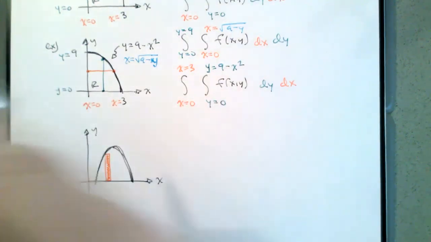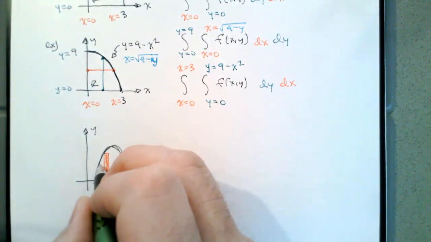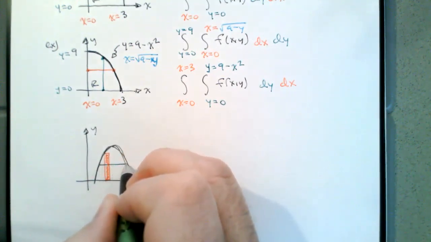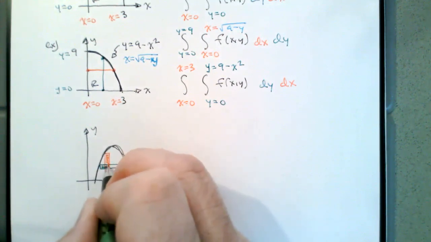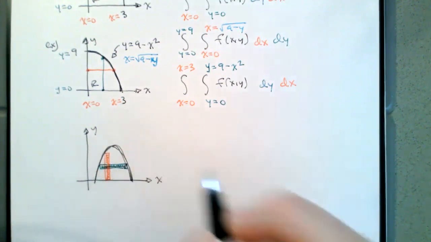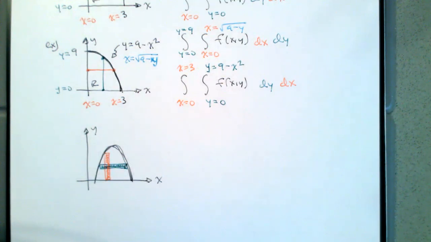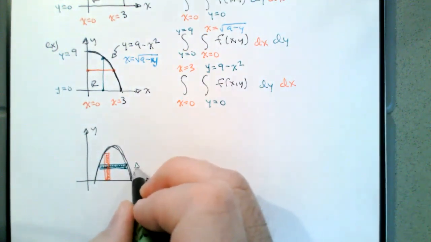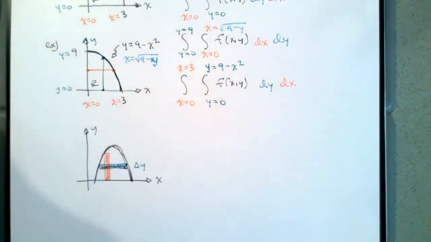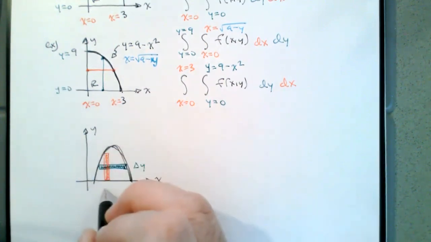Using a dy slice, well, this parabola is not invertible. So using a delta y is not as convenient as using a delta x.